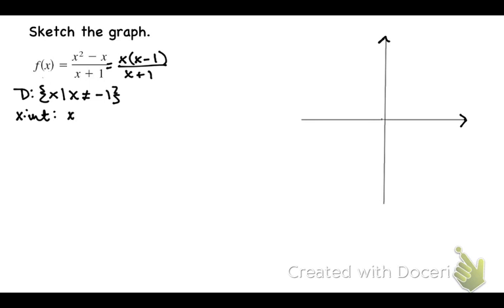So I have x and x minus 1 equals 0, after I simplify. Then I get x equals 0 and 1. So my x-intercepts are (0, 0) and (1, 0). X-intercepts need to be written as points. Now, since I got (0, 0) as one of my x-intercepts, what should I know my y-intercept has to be? (0, 0).